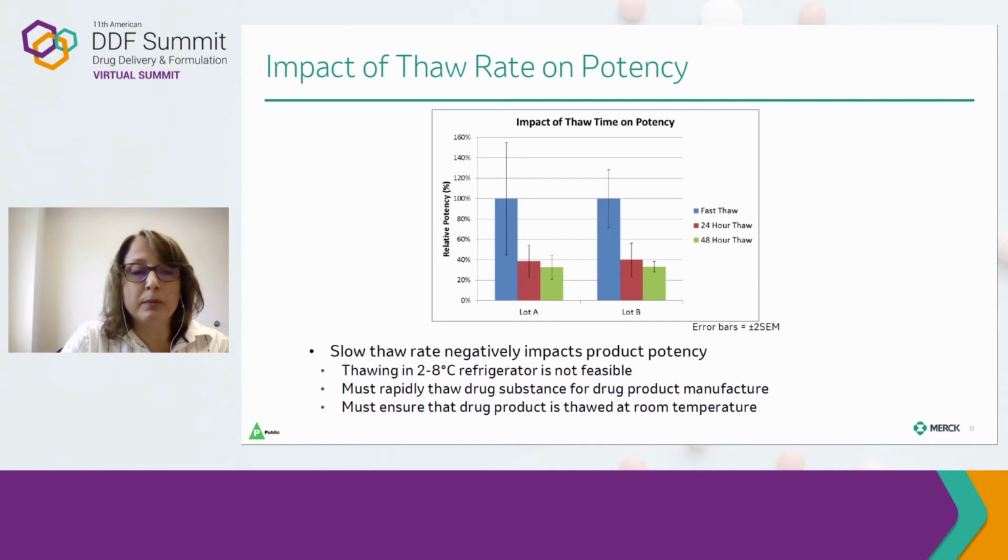So we had to rapidly thaw the drug substance for drug product manufacture to prevent this loss, because it would give you a lower overall process yield. And for the drug product, we have you thaw at room temperature to avoid any slower thaw. The concern is if you're in packaging and people are throwing the whole package in, you could extend beyond the time that we can support, because we did break this down to even some slower times.